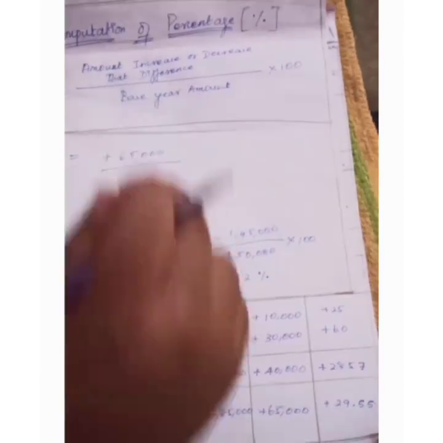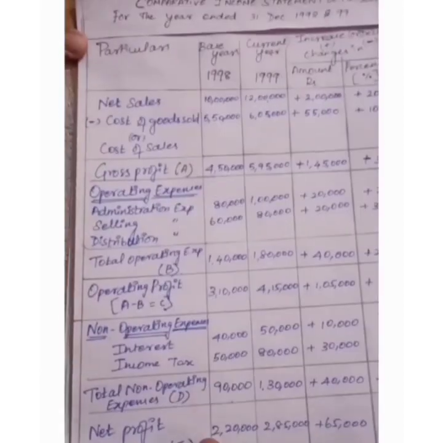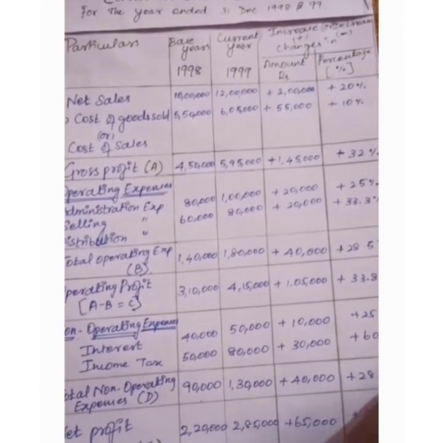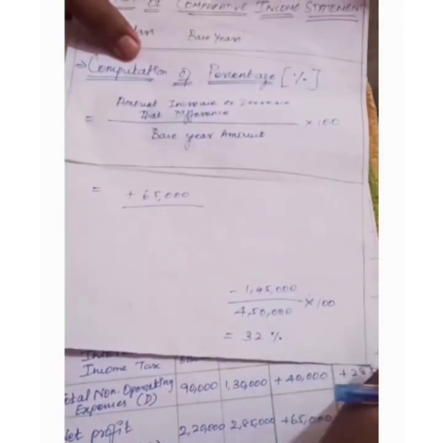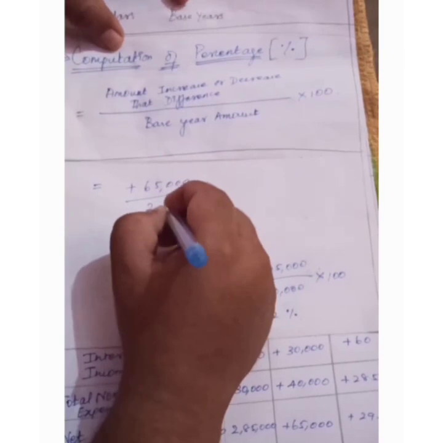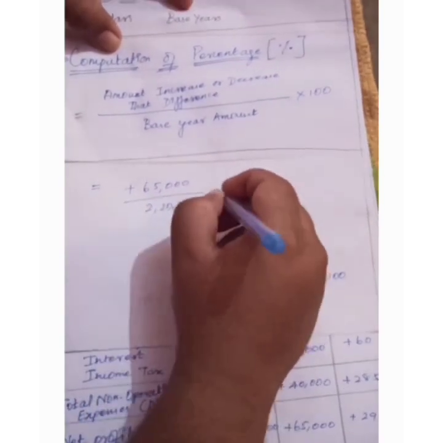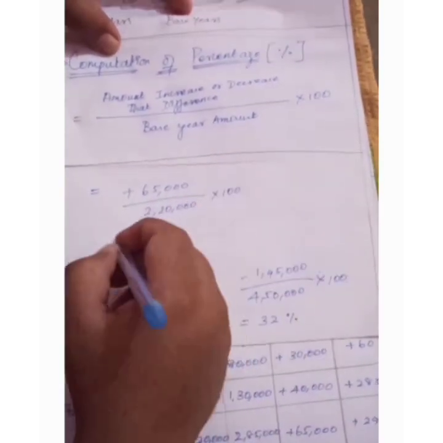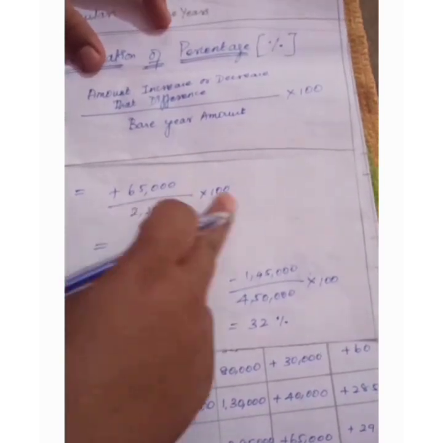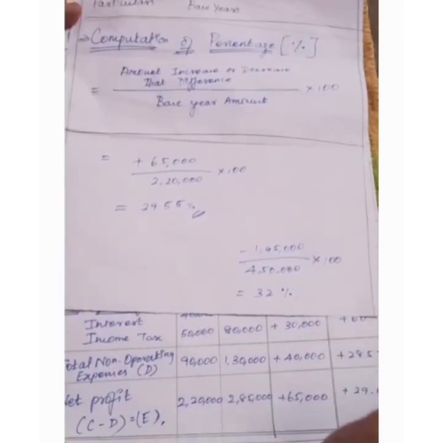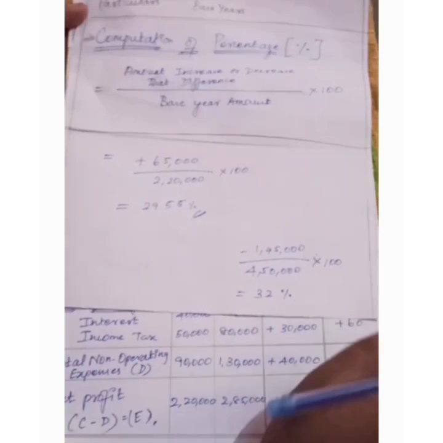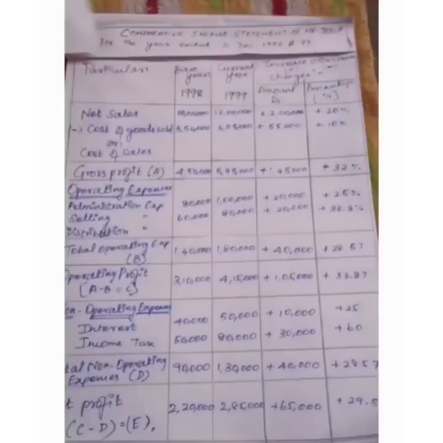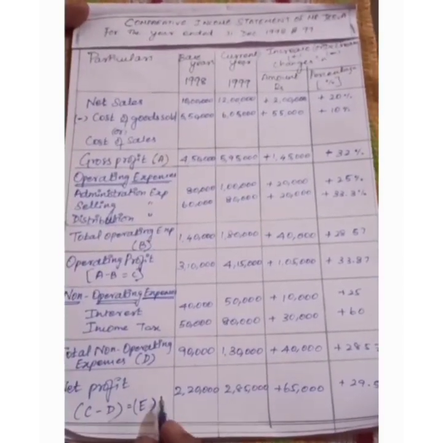I work out the formula. The base year amount is 2,20,000, I take that, 65,000 by 2,20,000 into 100. I'm now using the calculator to get 29.55%. So okay, this is the last answer, net profit.